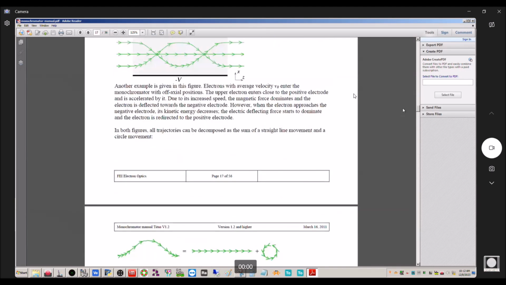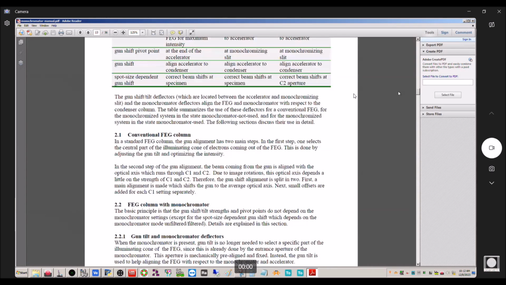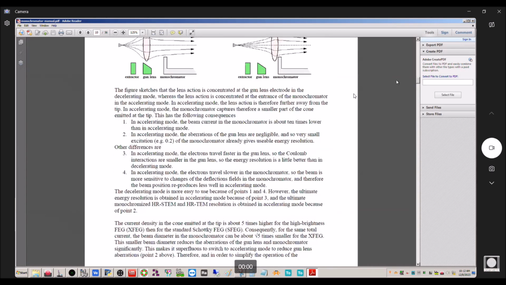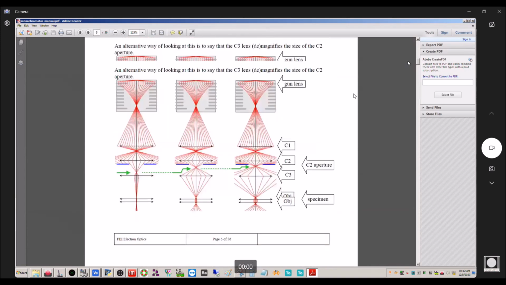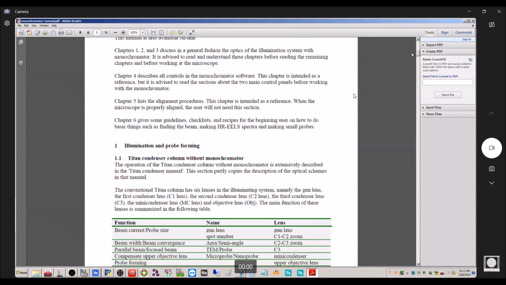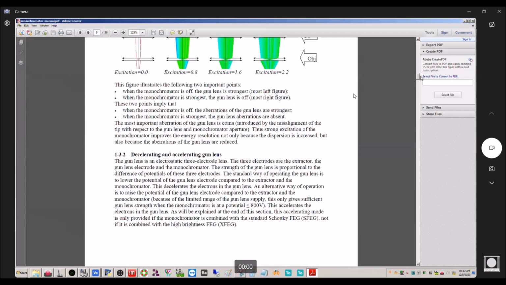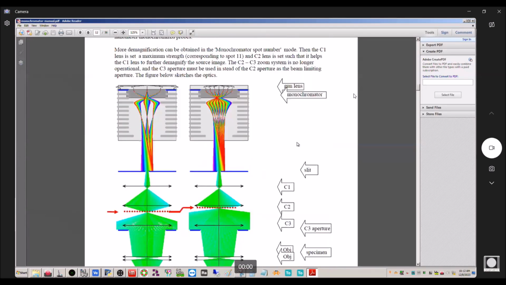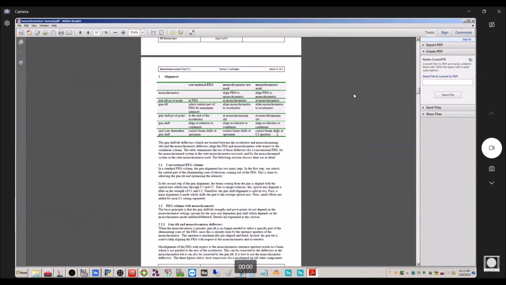Where is it? There's a diagram that shows the centering of all three of the elements, if you will: the beam, the slit, and the C3 aperture. So let's see if we can find this here. Page down.